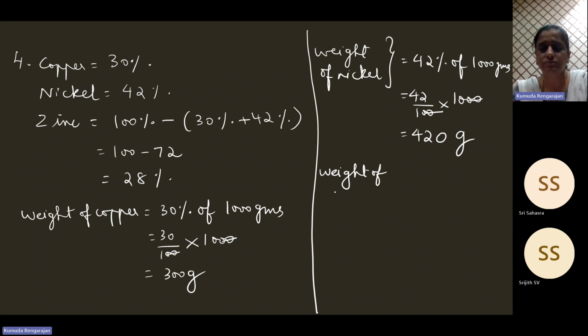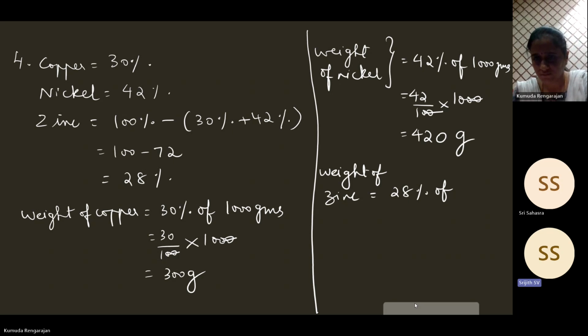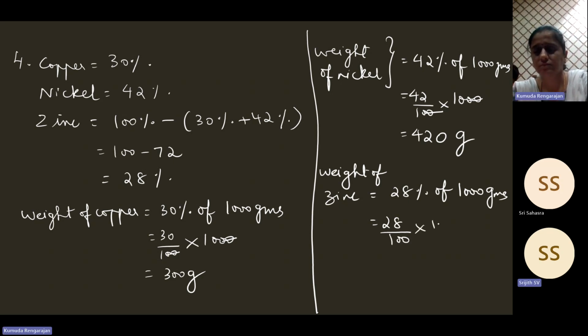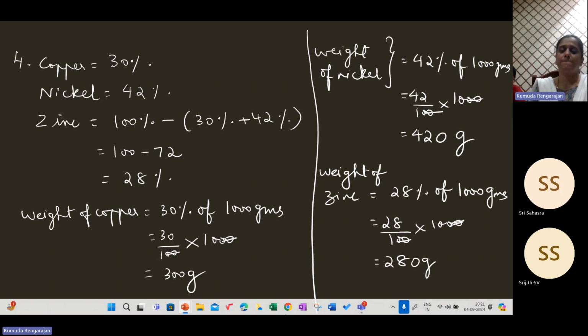Weight of zinc? 28% of 1000 gram is equal to 28 by 100 into 1000 grams, 280 grams. Correct. In the question, we have to only find the weight of zinc.